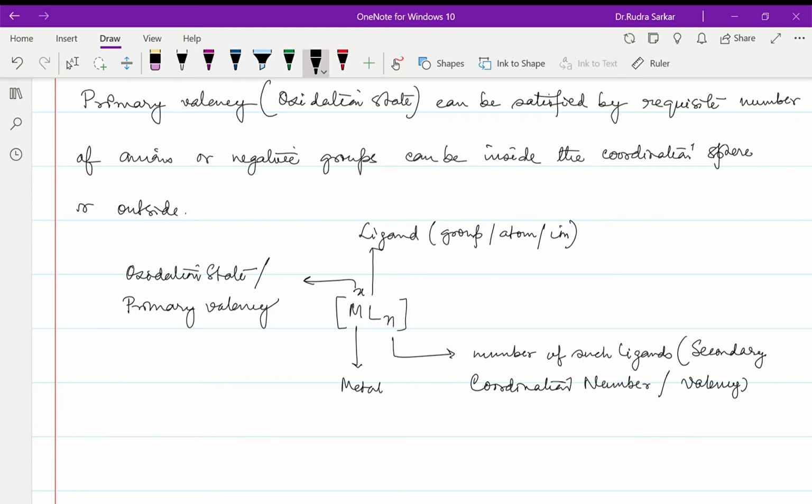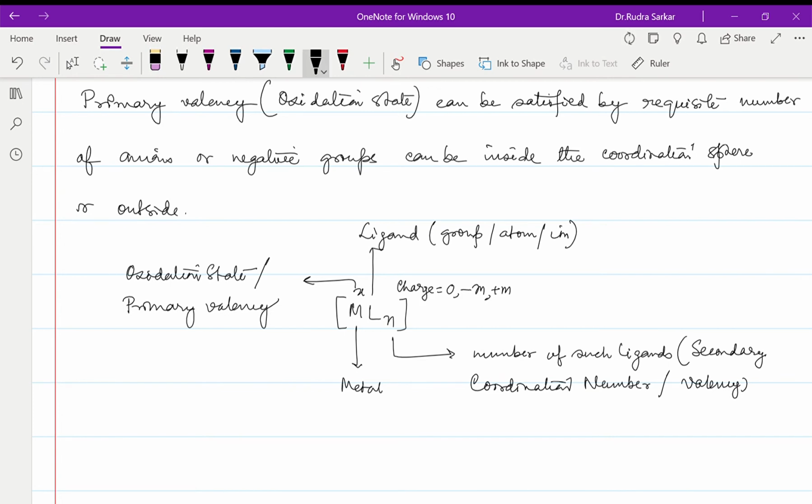And outside here, let's say this is M. This M can be neutral, negative, or positive. That is the charge outside the complex.